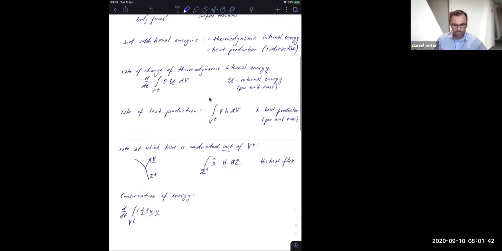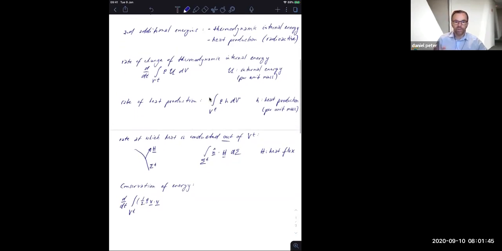And then we also add the potential energy, or in this case, the thermodynamic internal energy. So we have kinetic plus potential energy on one side. From above, the rate of change of thermodynamic internal energy is d/dt of the volume integral of rho U, so let's add that rho U term, integrated over dV.